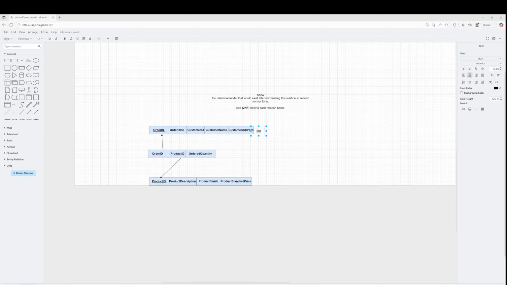What I will call this one, I will call it order table. So this is the order relation here. And in this case, this order relation is in the second normal form.